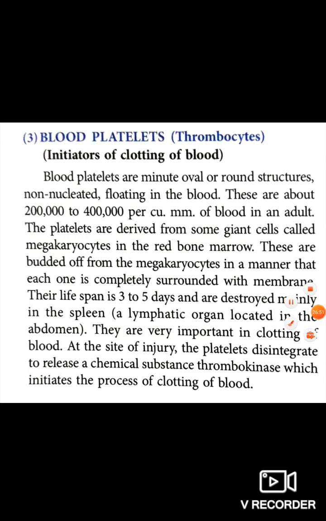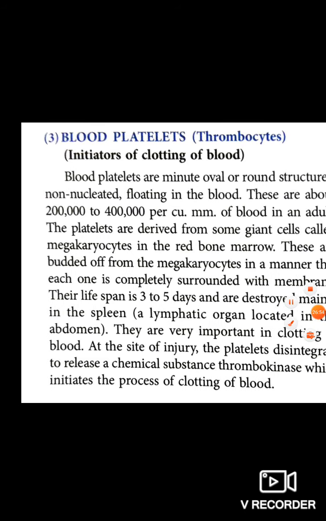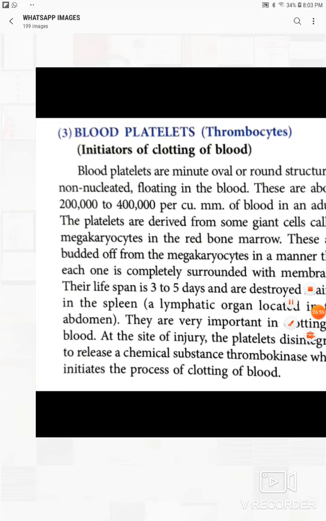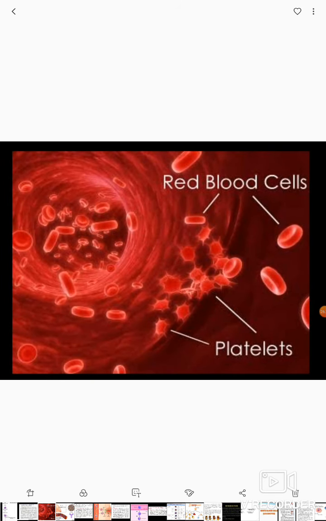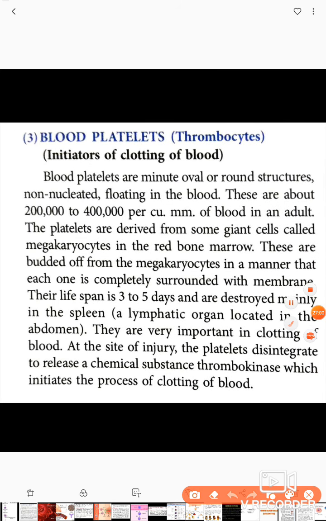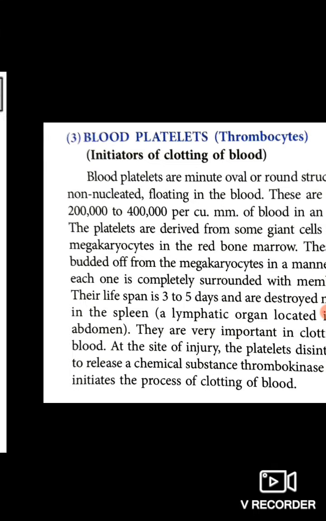They are about 2 lakh to 4 lakh per cubic millimeter of blood. They are derived from giant cells called megakaryocytes. What are megakaryocytes?